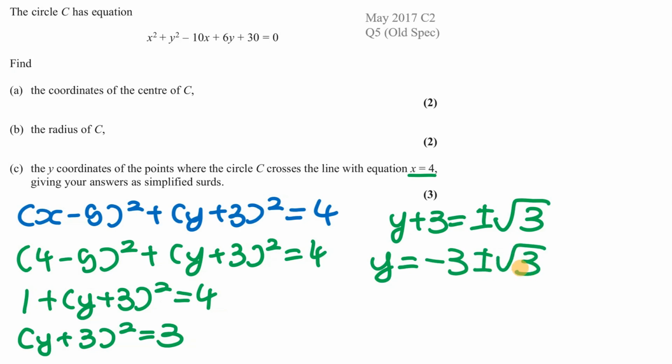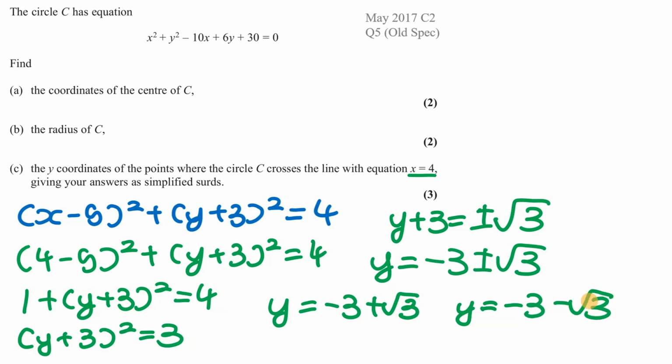So there are two possible answers for y. Y can be equal to minus 3 plus root 3, or y can be equal to minus 3 minus root 3. So there are 2 points where the circle C crosses the line with equation x is equal to 4. They're both going to have the x coordinate 4. One of them is going to be this y coordinate here, and the other one is going to be this y coordinate here.